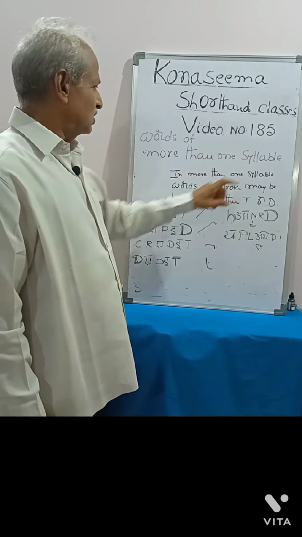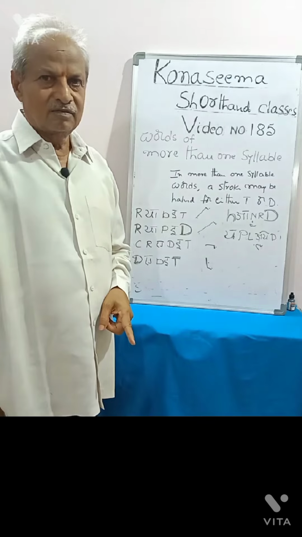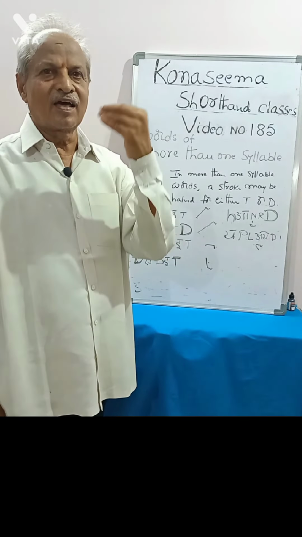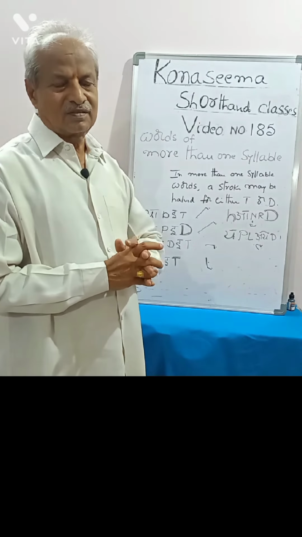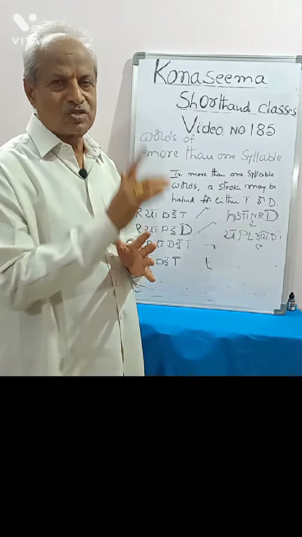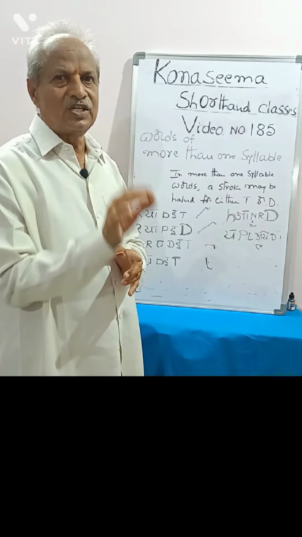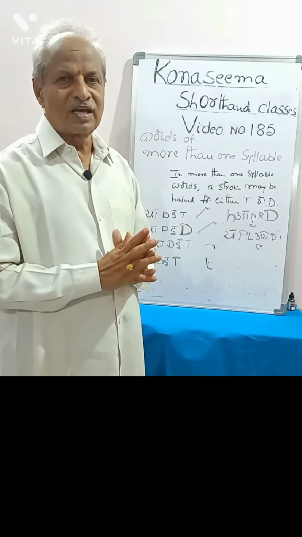In more than one syllable words, a stroke may be halved for either T or D. In a nutshell, a syllable means any of the units into which a word is divided. That unit is called a syllable.